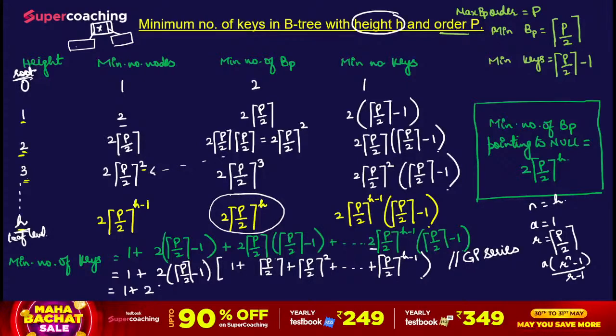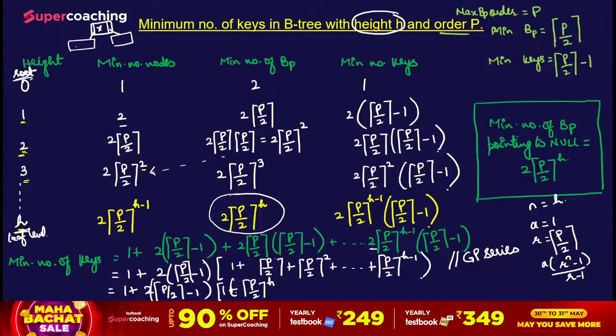So when you simplify this, it comes out to be p by 2 minus 1 and here we'll get 1 plus 2. Here this is the GP series, p by 2 raised to power 0, so that is first term and common ratio is p by 2.